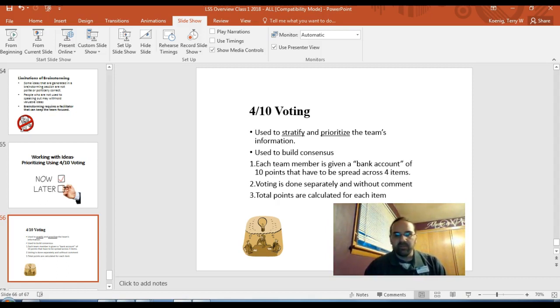So just tally marks work really great. If you have a whiteboard, give everybody the same color, so it's done separately without comment, and no one knows who voted for what. But if you feel very strongly about something, you can give it 7 votes.